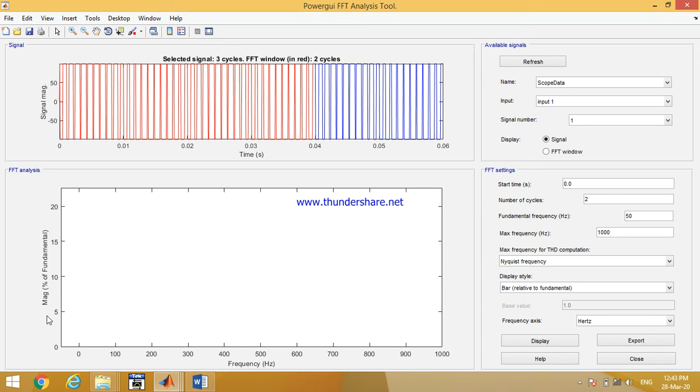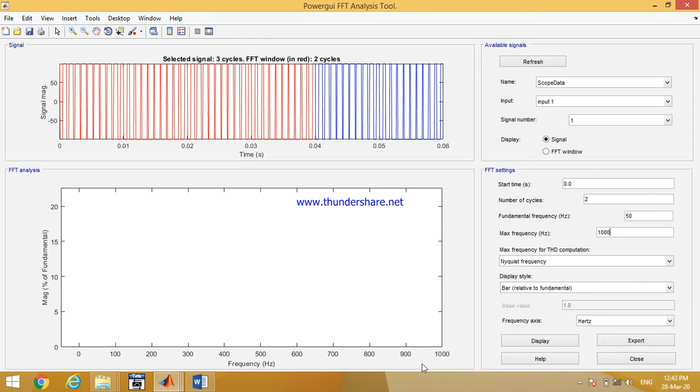It is the graph of the magnitude of the fundamental, that means it will show the percentage magnitude of the fundamental, right? And the x-axis will show the frequency, that means how many frequency components are involved in our output voltage waveform, right? Rather than the fundamental frequency, they are represented as harmonic frequencies, right?